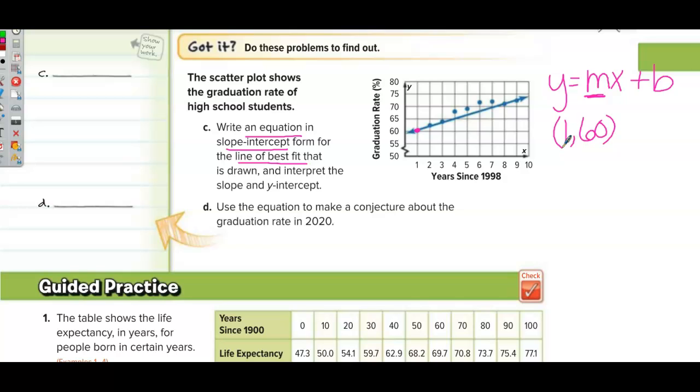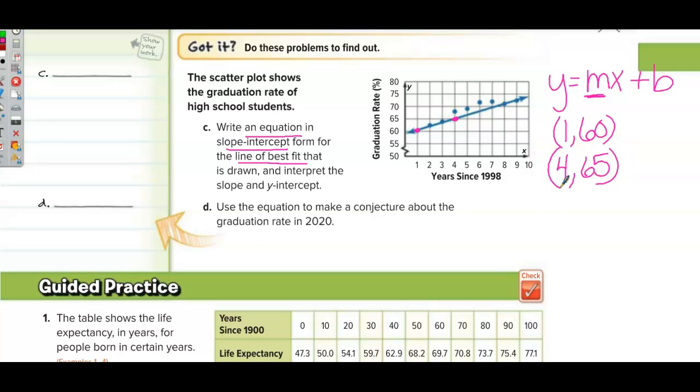I'm also going to pick this point right here because I know that exact point. Now I know that's not a data point, but it is a point on the line, and since we're trying to find the equation for the line, we can use it. So any point that falls on the line can be used for this. So that point is x is 4, comma 65.